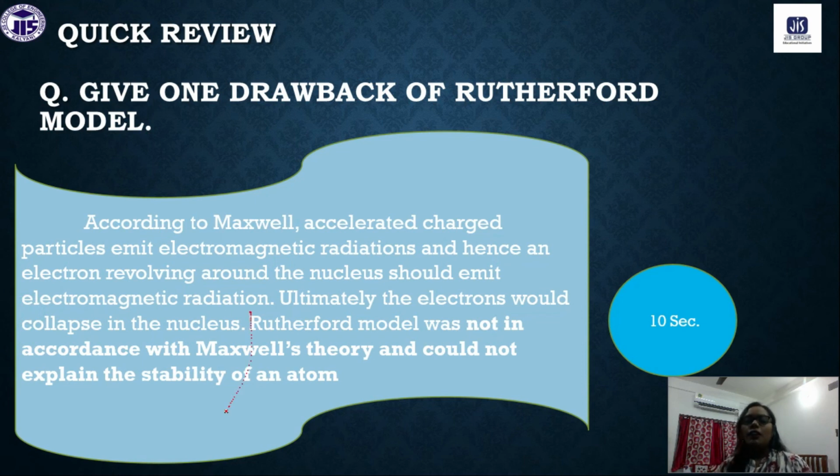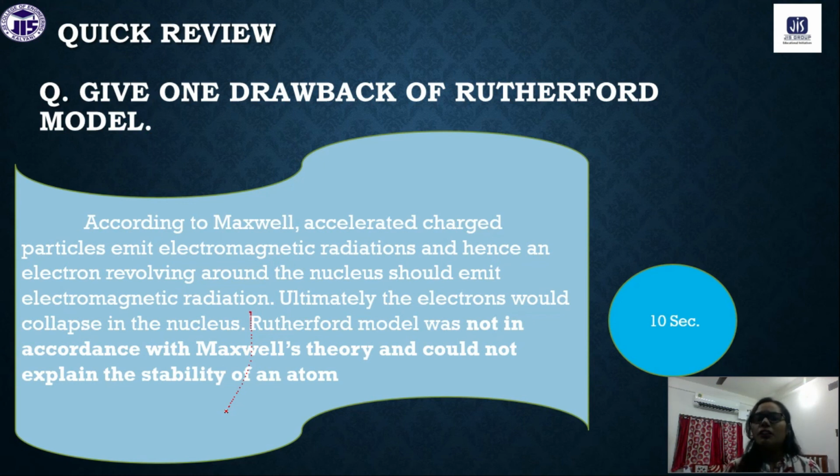If the electron continuously emits electromagnetic radiation, at some time it will collapse into the nucleus, but that is not the actual case. So the Rutherford model cannot explain atomic stability, which is obviously one of its drawbacks. Again, we cannot explain the line spectra of the hydrogen atom either.